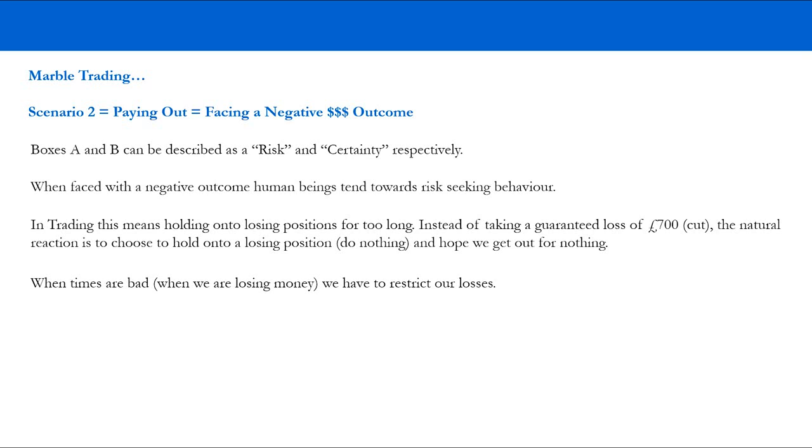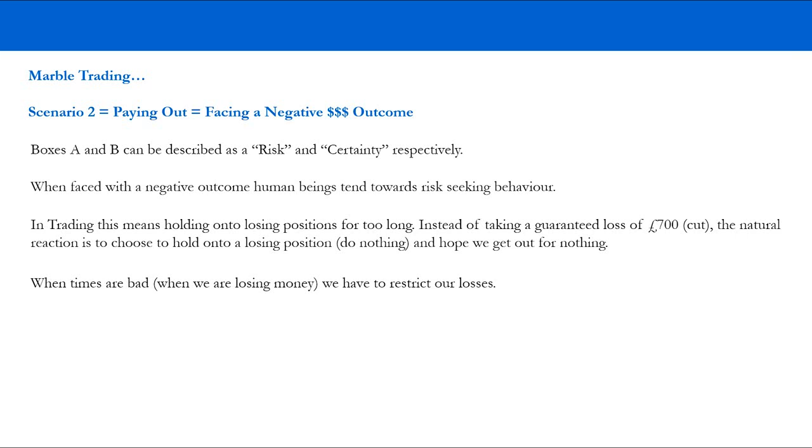Well, if you're getting paid, so you have winning positions, and every time you have a winning position, you pull from box B and you limit your upside on the winning position.